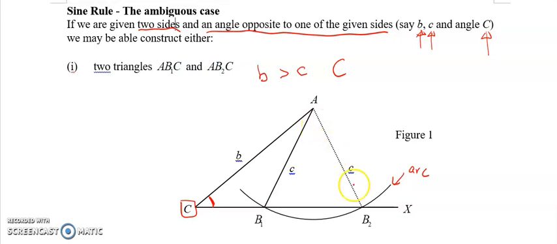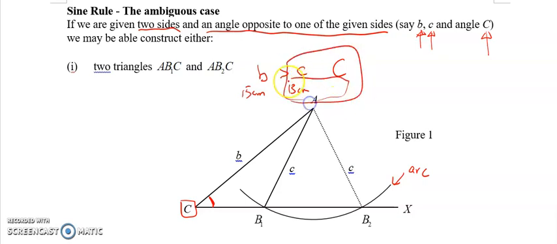So at these two positions, if a question gives us this kind of information, two lengths, and then one angle, and this angle is opposite the shorter length, b is longer than c. For example, b can be 15 cm and c can be 13 cm. The question can give us this angle C, some degrees opposite this 13 cm.